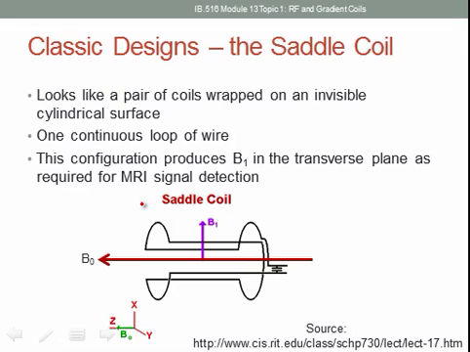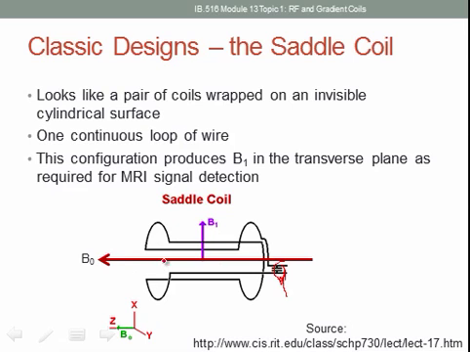Here I borrowed this image from Joseph Hornak's website. If you look at this carefully, here I'm pointing to the tuning capacitor. But if you follow this wire, it is one continuous loop of wire. This is the saddle coil, I guess, because it looks like a saddle.